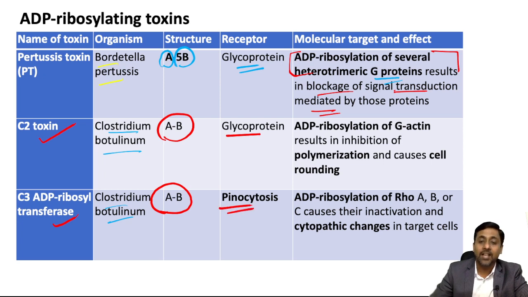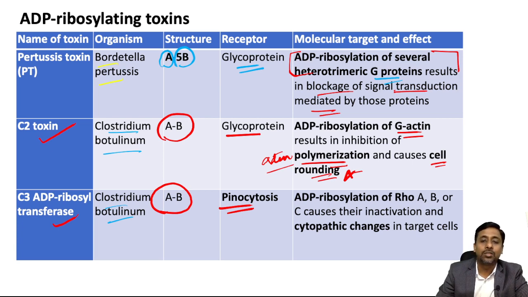Okay, and the C2 toxin will lead to ADP ribosylation of G-actin protein, which is a globular actin protein which is responsible for cellular organization, and thus it results in inhibition of polymerization of actin and causes cell rounding. So cell rounding effect is because of C2 toxin.